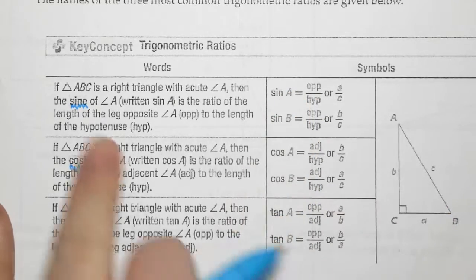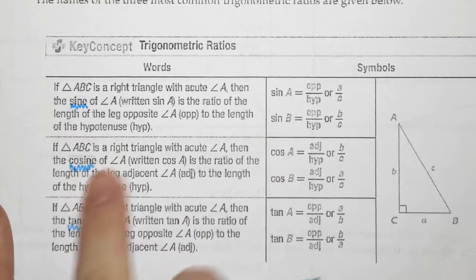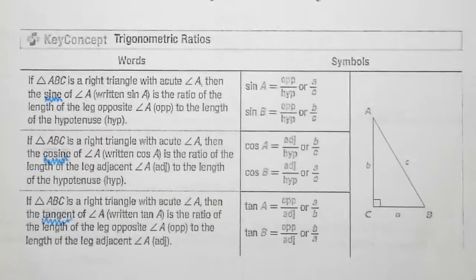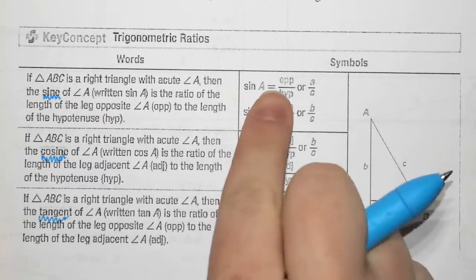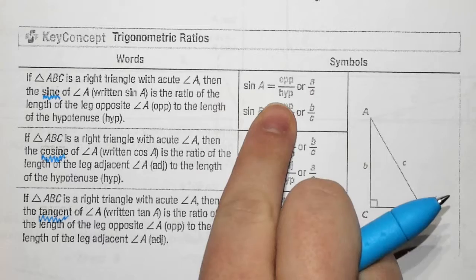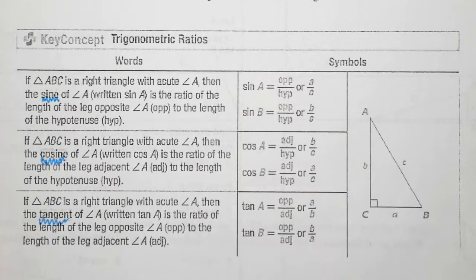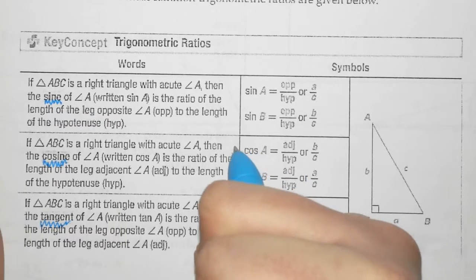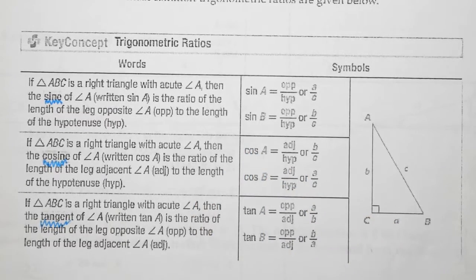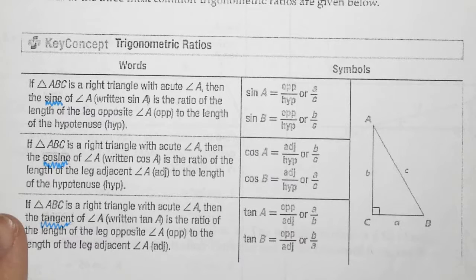That's how you see these, but they're actually written out, sine, cosine, and tangent. These are your ratios. Sine of A is equal to opposite over hypotenuse. These ratios are imperative. They are so important. You will memorize these ratios and use them for the rest of your mathematical career, however far that takes you.